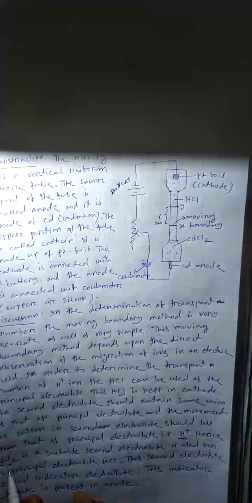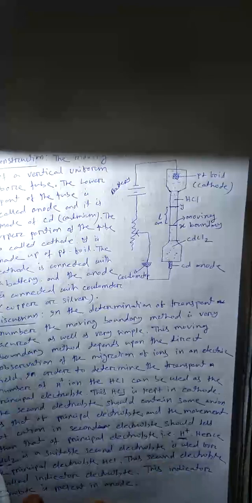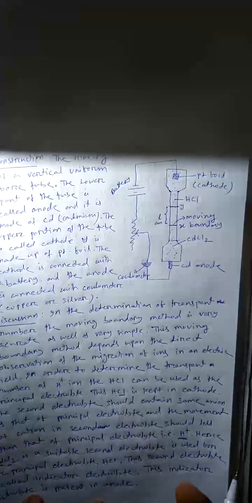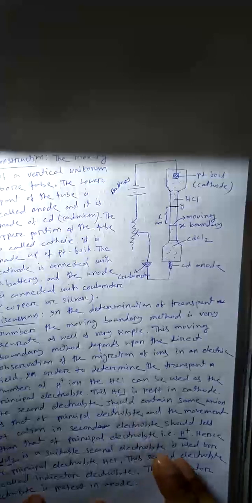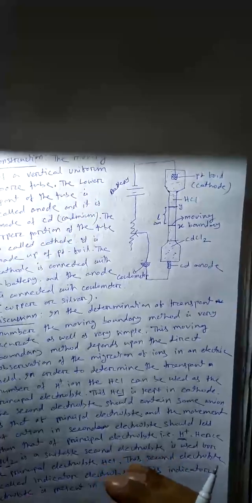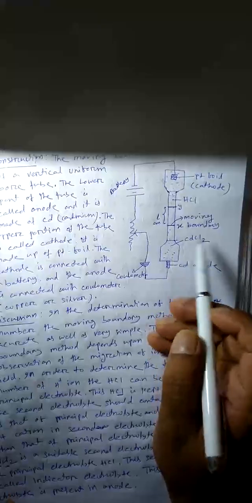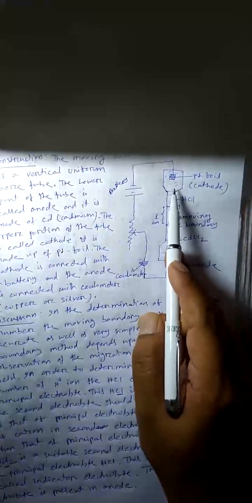Here it is chlorine, Cl minus. These two things you have to remember while choosing the indicator electrolyte. The indicator electrolyte is present in the anode and the principal electrolyte is present in the cathode.